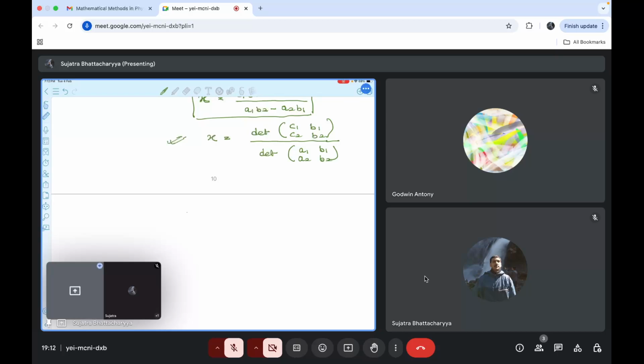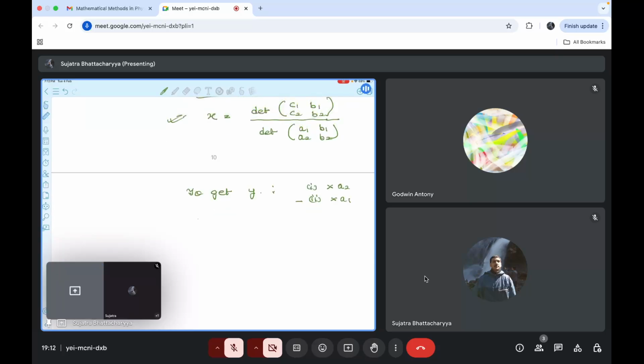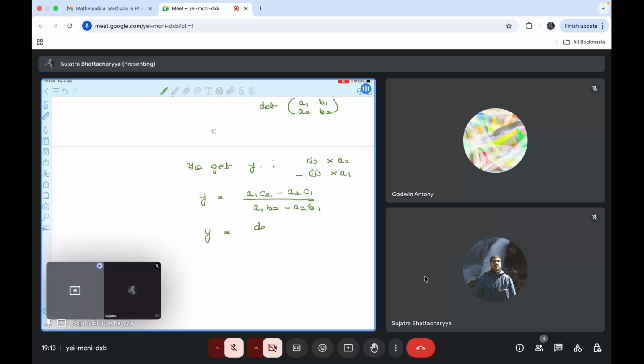Similarly, to get y, the operation will be something like this. You multiply equation 1 with a2 and equation 2 with a1 and subtract. Once you do that, you get y is equal to a1c2 minus a2c1 divided by the same a1b2 minus a2b1. Again, this y can be written as the determinant of a1, a2, c1, c2 divided by the determinant of a1, a2, b1, b2.